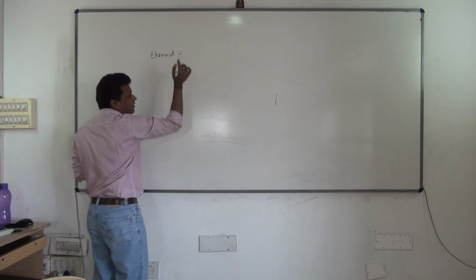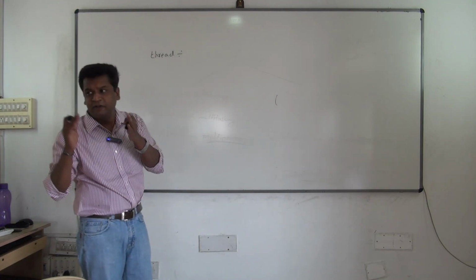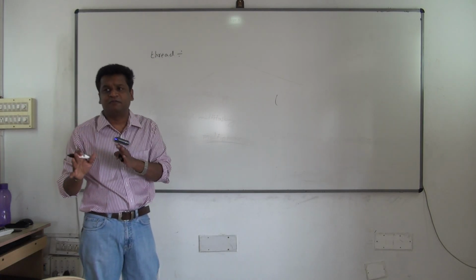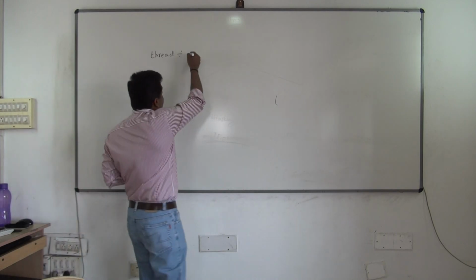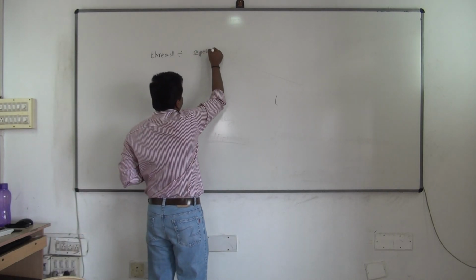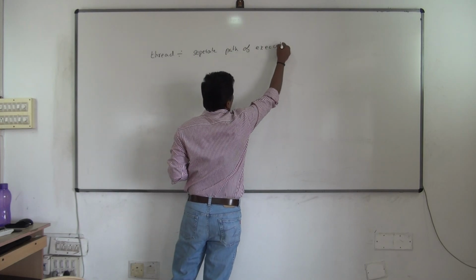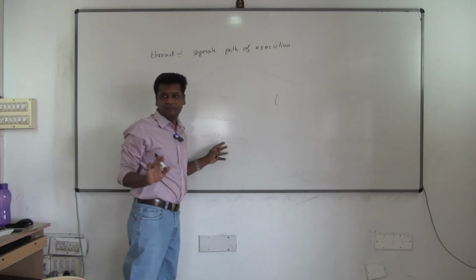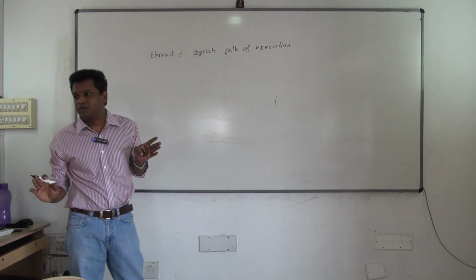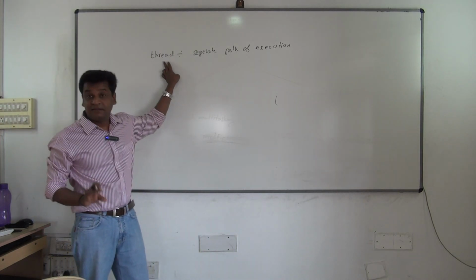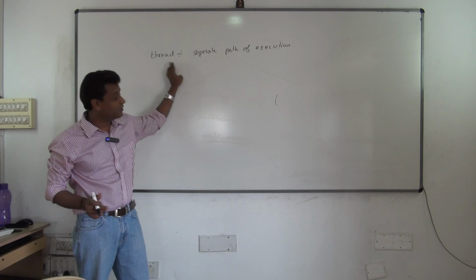When you are reading a document or book and somewhere you are stuck, you are not understanding something, just replace the meaning of that with separate path of execution. Thread means execution, that's it. Understood? And small t: thread means separate path of execution.